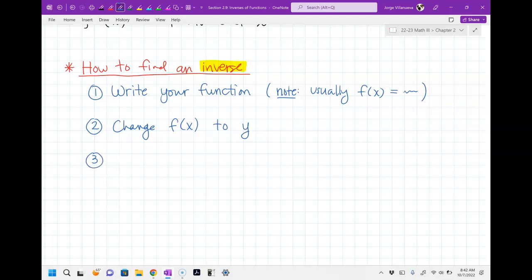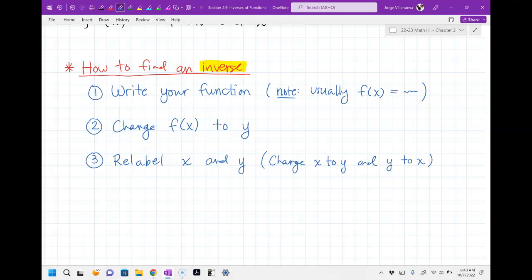Step 3. The third step is to relabel x and y. What that means is change x to y and y to x.